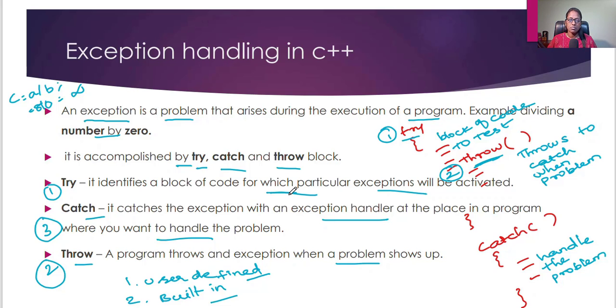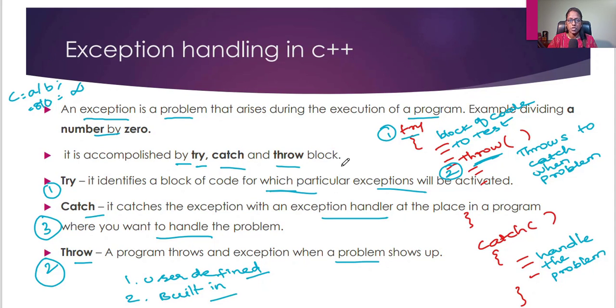Built-in means some exceptions are already built inside the computer. For example, dividing by 0, arithmetic exceptions, and file exceptions. If I am opening a particular file and the file is not there, then a file not found exception occurs. So there are many built-in exceptions.